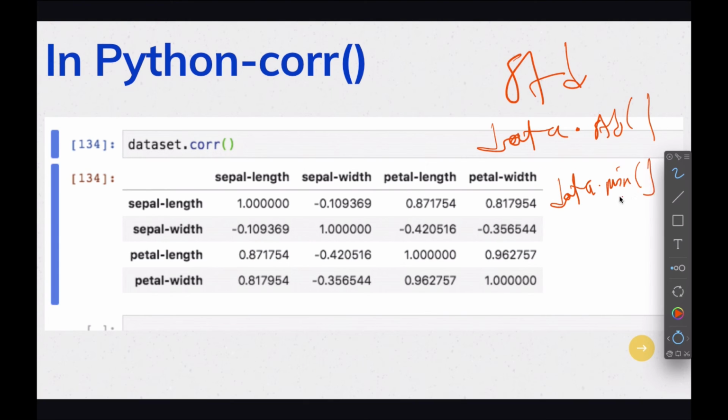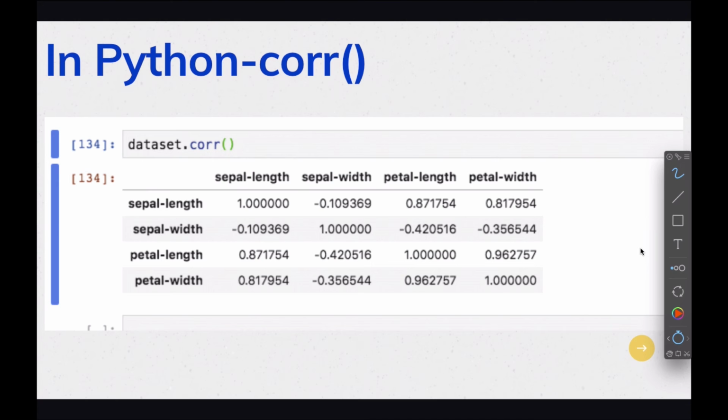You don't need to do any calculation. All of these have been calculated for us. If you want to find the variance, you just do data.var. You don't need to use the variance formula to calculate anything. We're going to see a lot of this as we progress in this course.